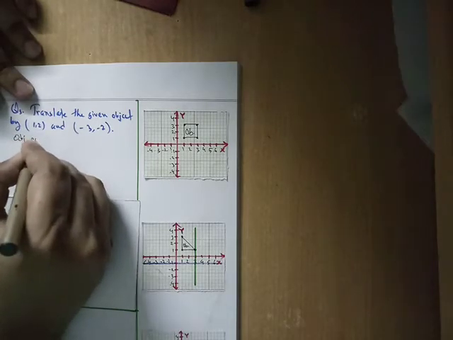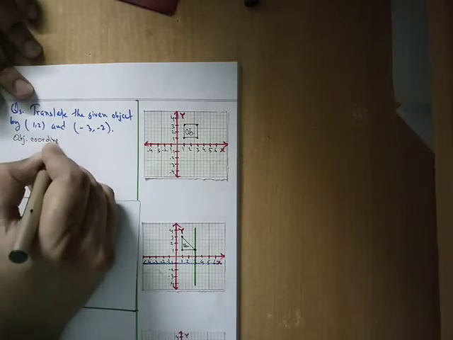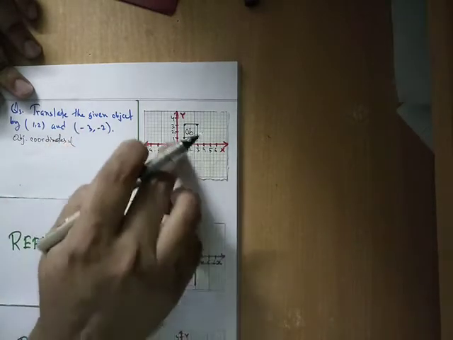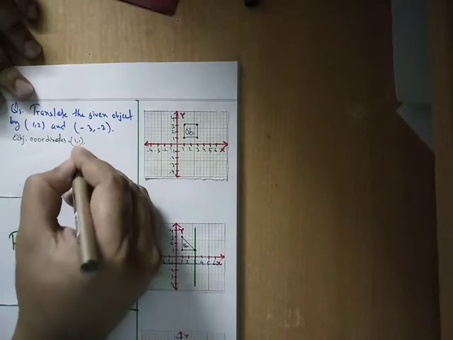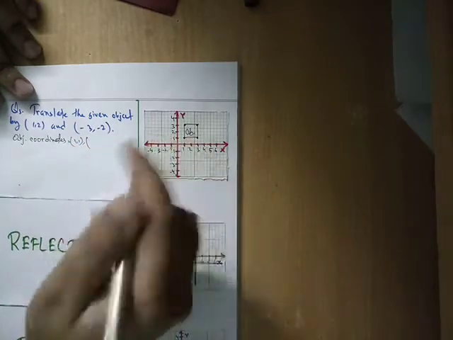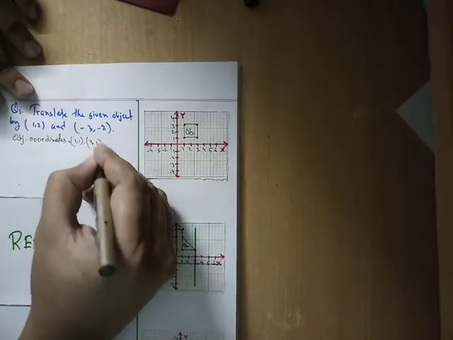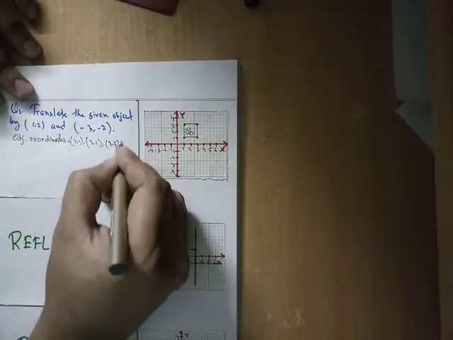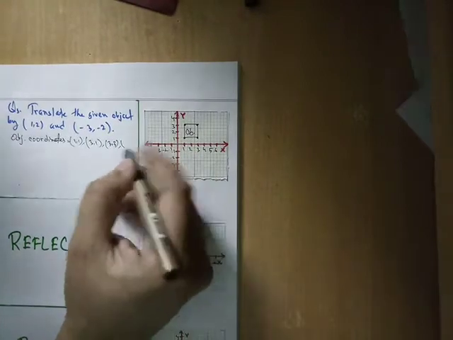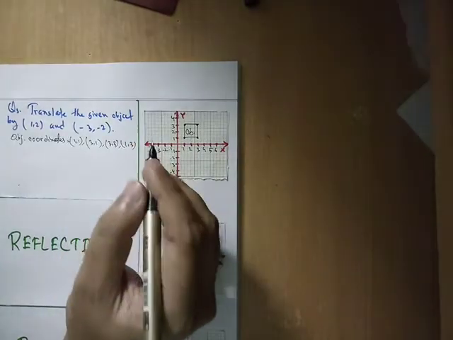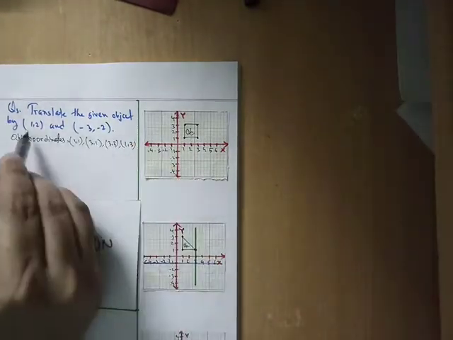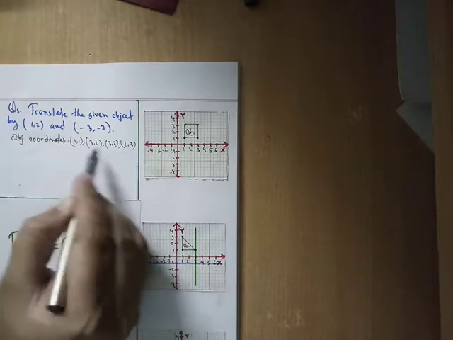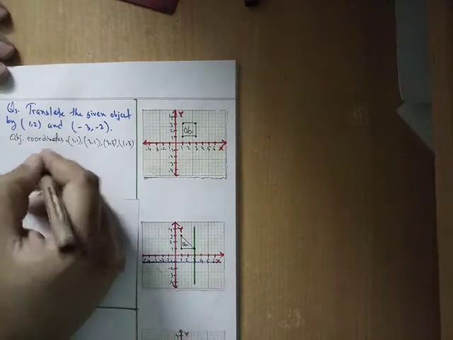Object coordinates are 1, 1, 3, 1, 3, 3, and this one is 1, 3. Now if I want to translate this object by this, I just need to add this coordinate with all of the coordinates here. So just add it now.